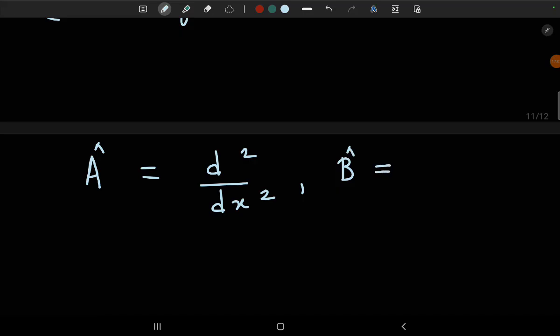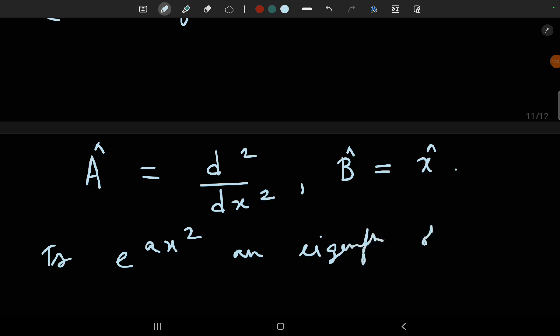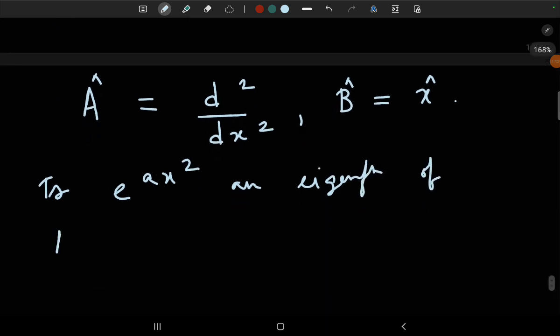So let's say, using the same example, that we have A as the famous double derivative operator, and B as some multiplier operator x. So what I would be asking is: is e to the power ax squared an eigenfunction of A plus B?